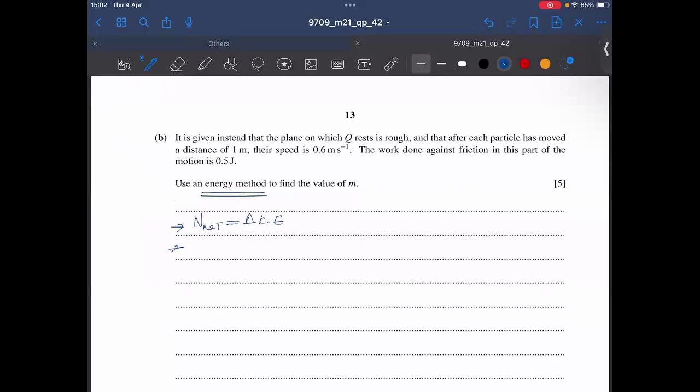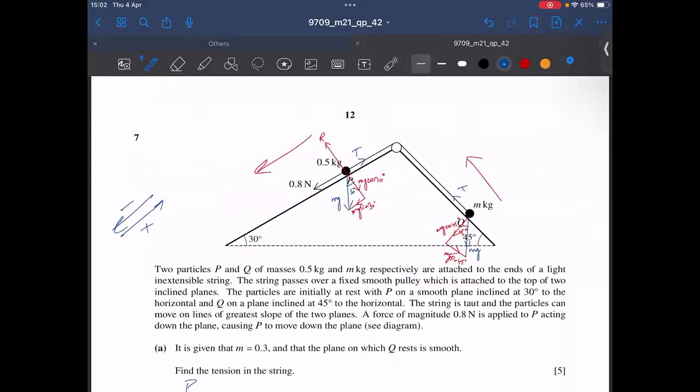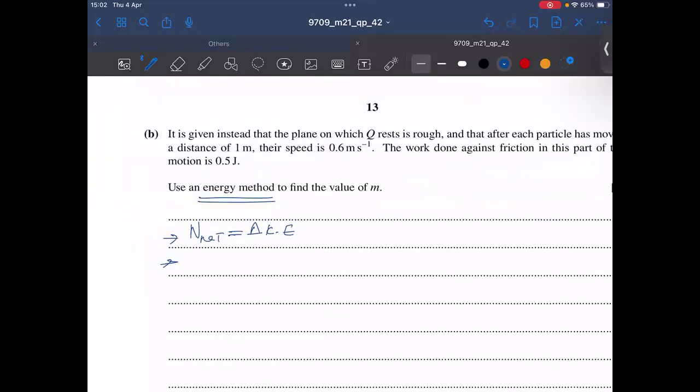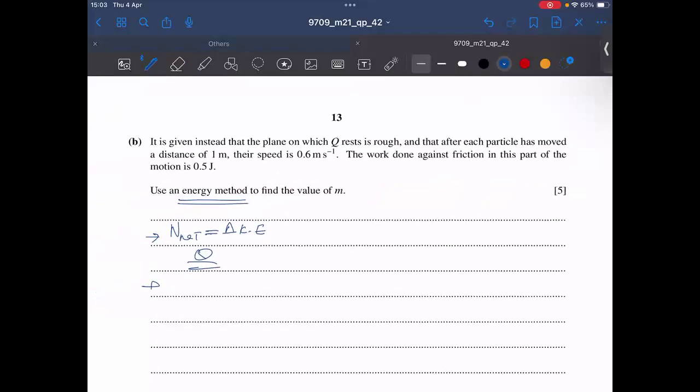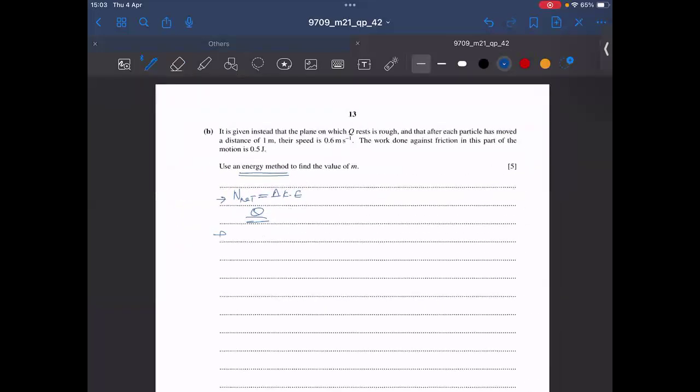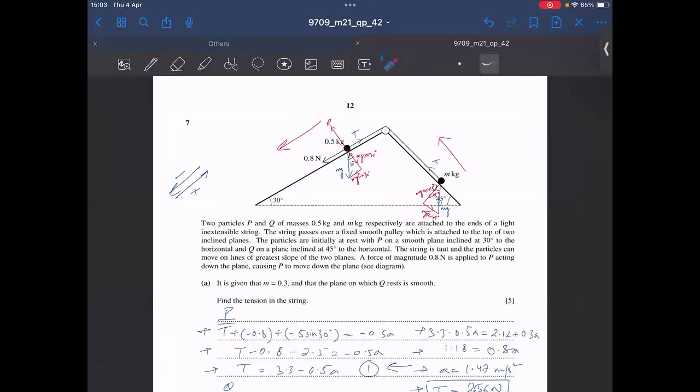So there's work done on Q. On Q, let me apply this work-energy theorem and see what forces are acting.